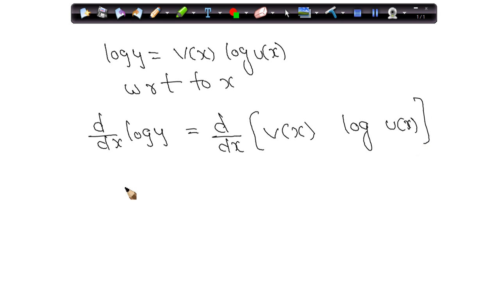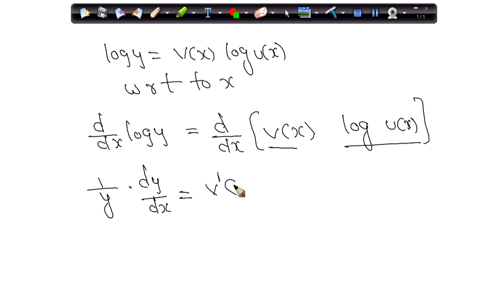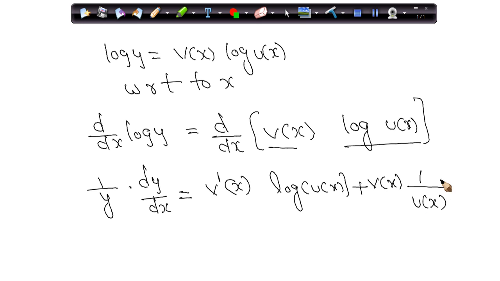So we know the derivative of log y is 1 by y, and derivative of y with respect to x would be dy by dx. So 1 by y into dy by dx should be equal to, these are two functions, so let it be u into v. So differentiation of uv would be u dash into log of u of x plus v of x into derivative of log of u of x, which would be 1 by u of x into u dash of x.